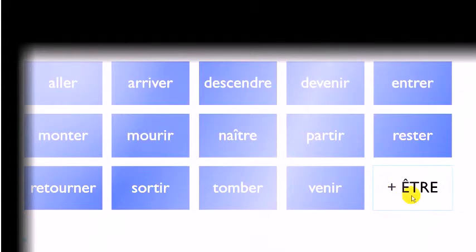Okay, so as I said, être, but then for the conditionnel passé, être should be conjugated at the conditionnel présent. All right, so let's see that. But then the other group of verbs that will require être all the time are what we call les verbes réfléchis, so reflexive verbs, okay? And they usually go like se regarder, s'appeler, se présenter.